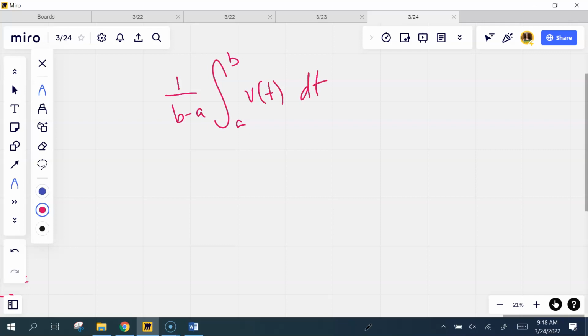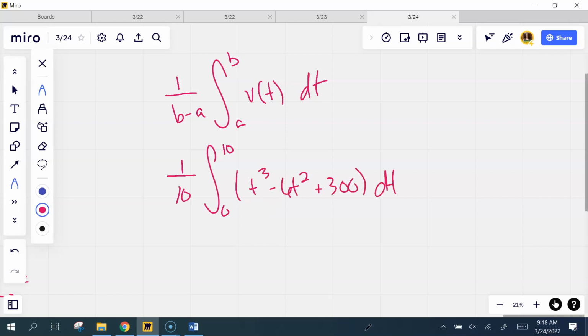So the average velocity from 0 to 10 is 1 over 10 times the integral from 0 to 10 of t cubed minus 6t squared plus 300 dt. That's a point, even if you got nothing else.